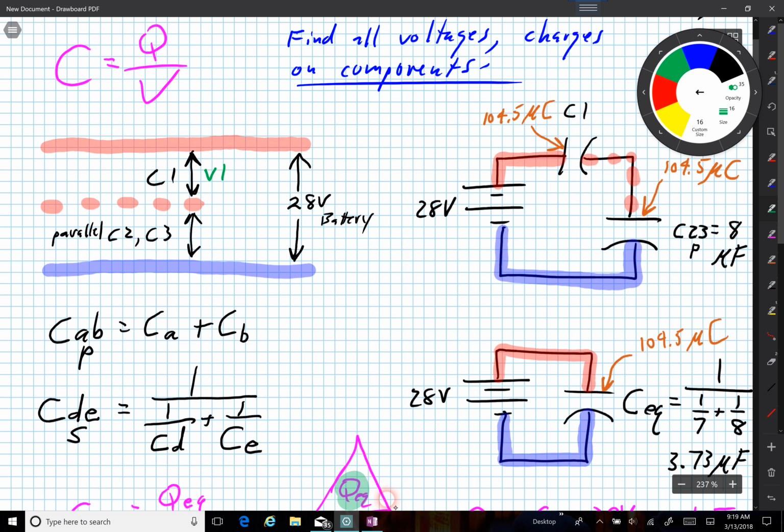This is V2, and it's V3. It's the same voltage on my voltage ladder, because C2 and C3 have the same colors across them, they have the same voltage, so V2 and V3 are the same thing.